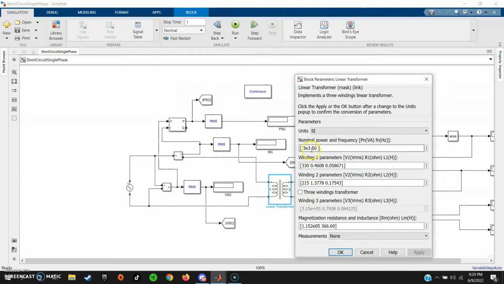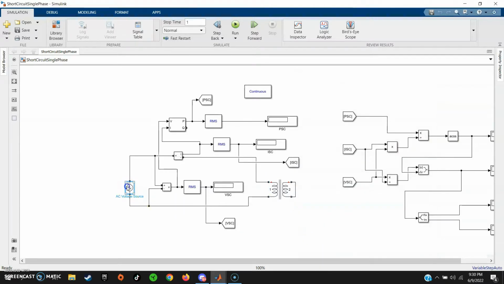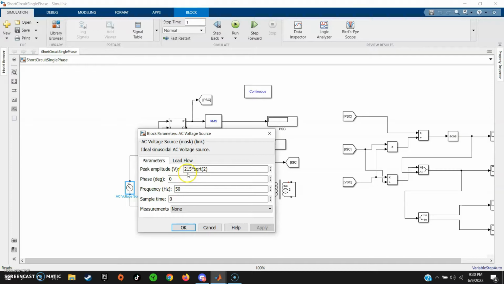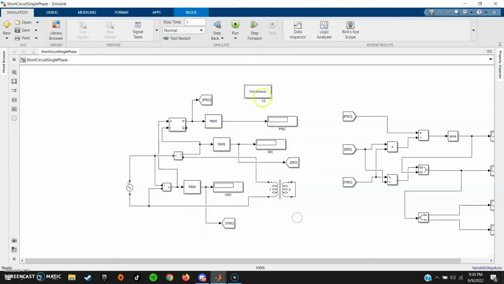For the nominal power we use 3000, and for the frequency we use 50 Hz, the first winding we use 330, and the second winding we use 215. For the AC voltage we use 215 volt, and frequency we use 50 Hz. Now we want to run the program.